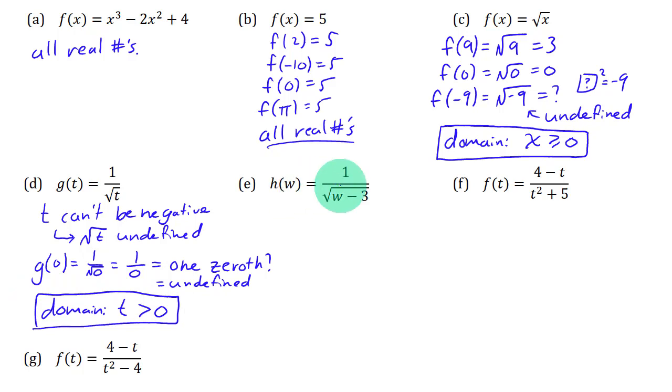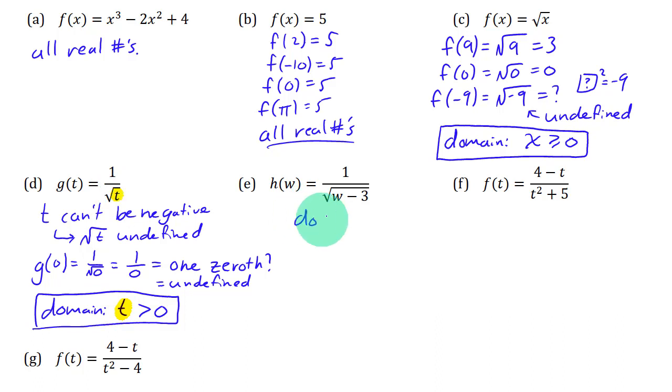All right, how about this one? h of w is 1 over the square root of w minus 3. Well, this is kind of like the one before. It's just that instead of just the square root of t, you have the square root of w minus 3. So, just like with this one, the thing inside the square root in the denominator has to be positive.